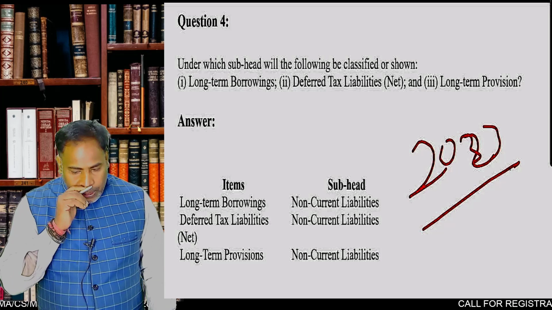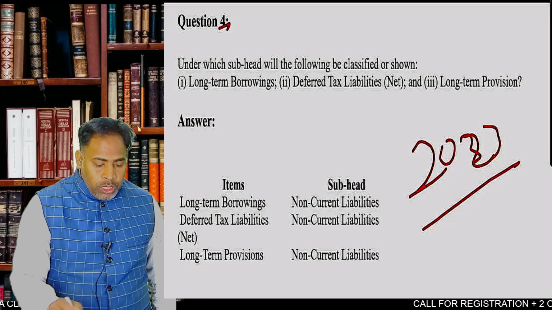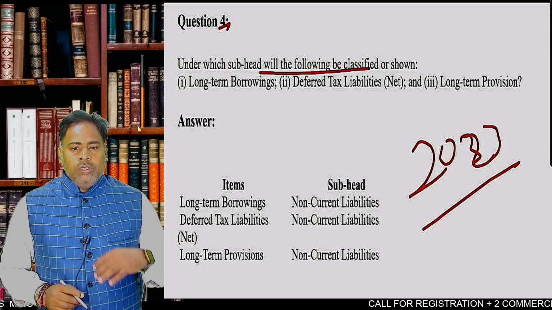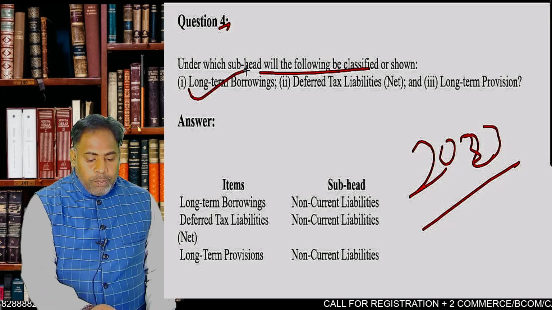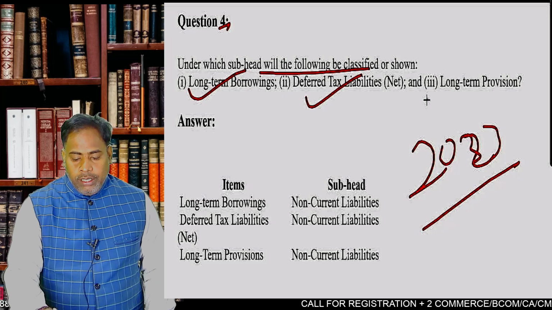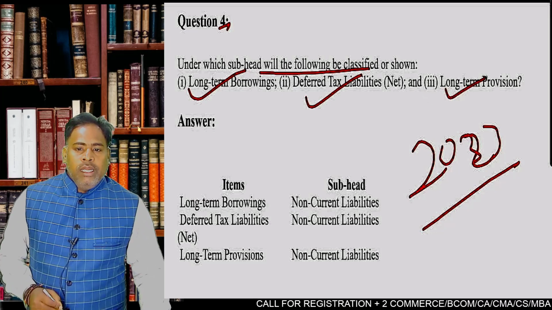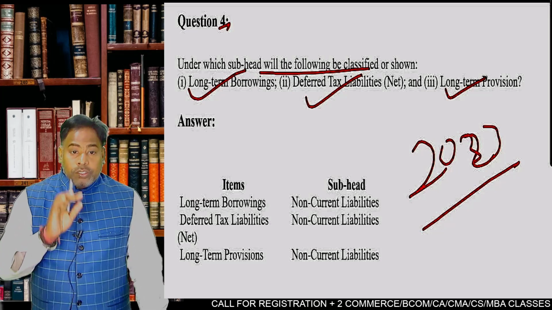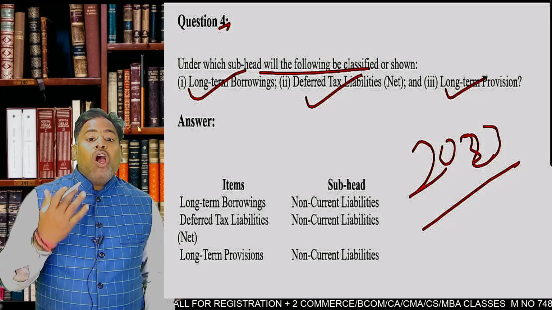Next, under question number 4, under which subhead is the following classification shown? You need to identify the subhead: long-term borrowing, deferred tax liability (net), and long-term provision. So which subhead is it? This is all about non-current liability. It is not a current liability. Non-current liability means long-term.